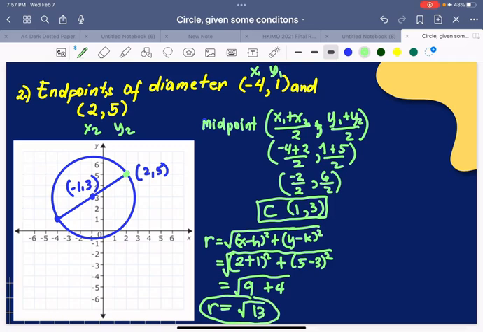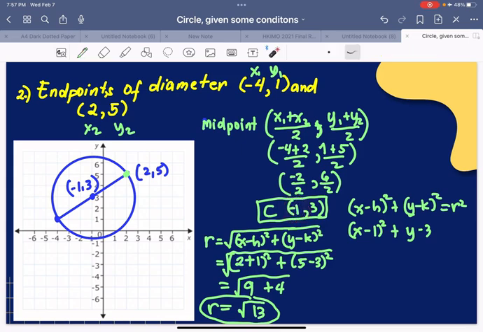So, let's substitute now in the formula of our equation. (x - h)² + (y - k)² = r². x minus h, our center is negative 1, so this should be plus 1. y minus 3, quantity squared, is equal to square root of 13 squared.